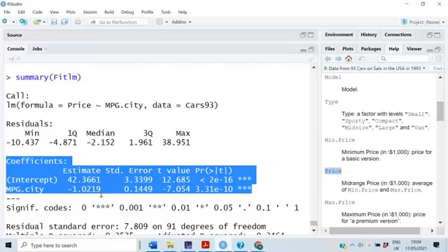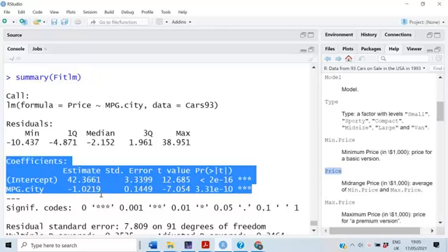And if you look there, it's a price in thousands of dollars. So for a car that does not have any miles per gallon per city, does that make sense? No, you can't run that car. But this is how we interpret it. If miles per gallon is zero, in other words, it doesn't use any fuel, then the average price is what? 42,370.